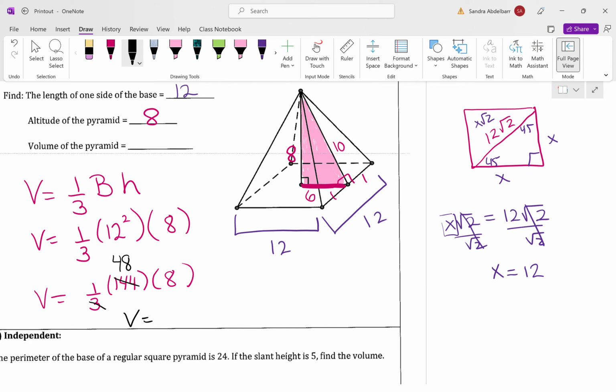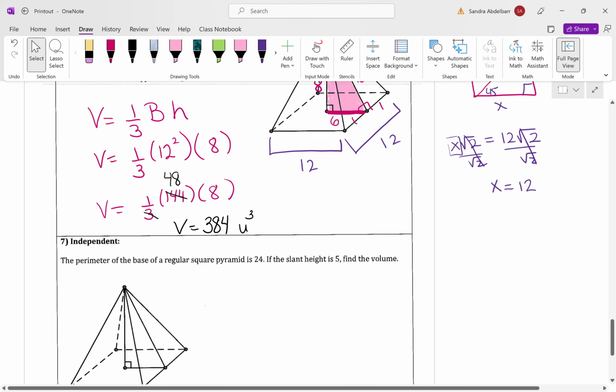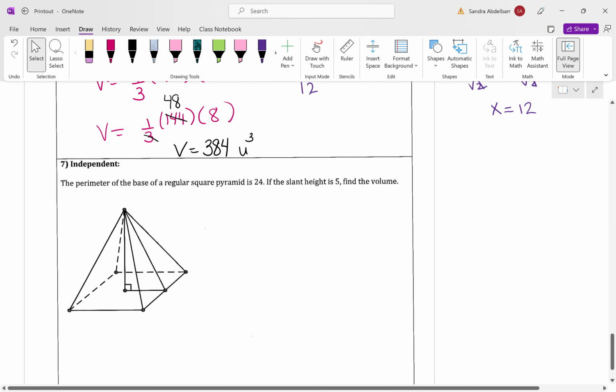I did it in my head. Anybody else get 384? All right, we got it. Yes, 384 units cubed. All right, guys, you do number 7, and then we're done. Well, after we go over it, we're done.